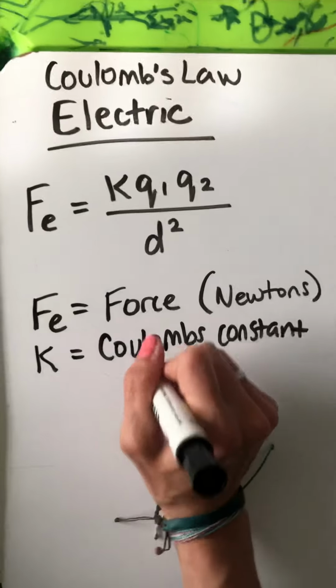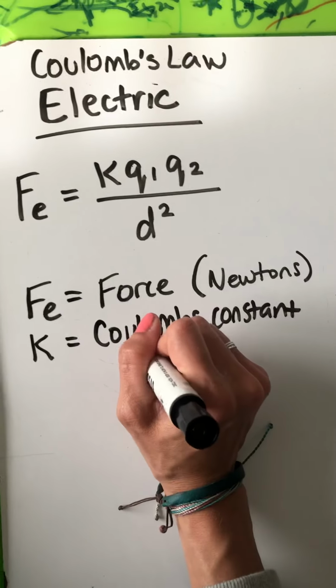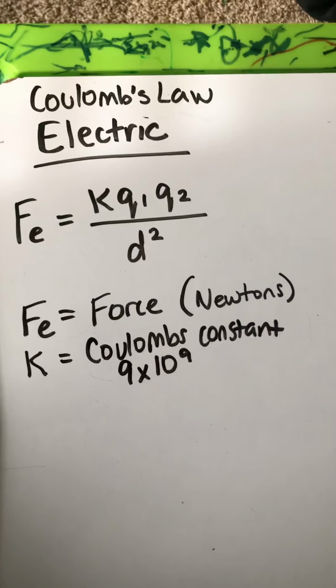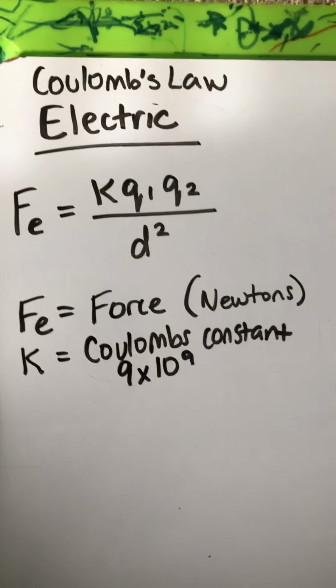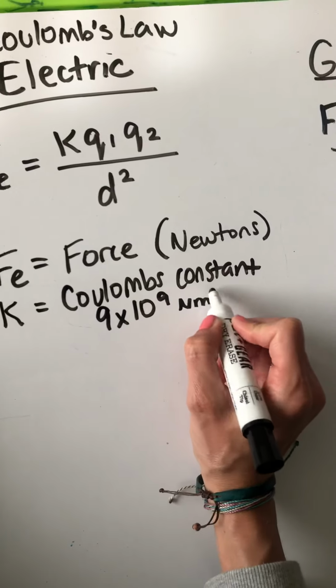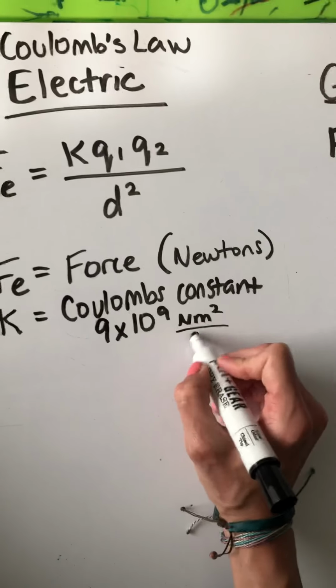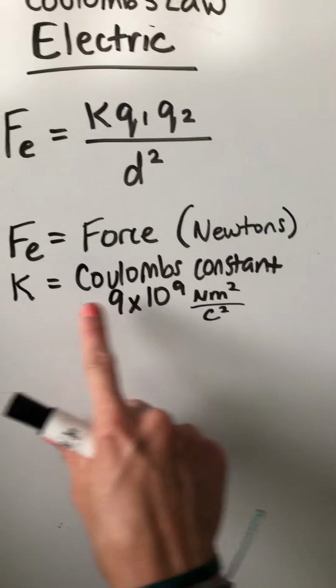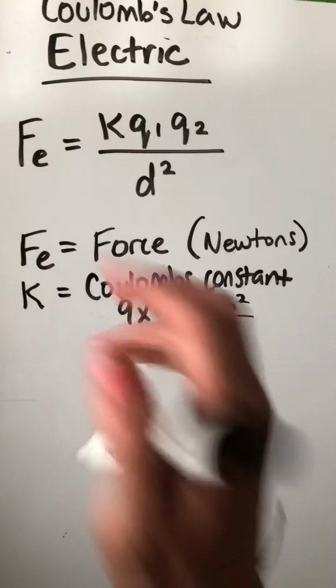Since it's a constant, I'll give it to you: it's 9 times 10 to the 9th. The units you don't need to remember, but I'll tell them to you. They are newton meters squared over coulombs squared. So that number, 9 times 10 to the 9th, you'll always use for K in the formula.